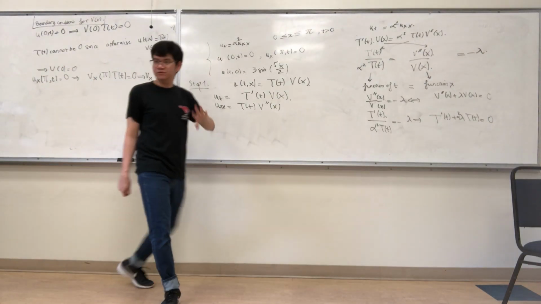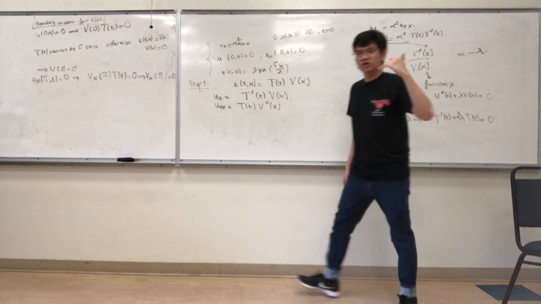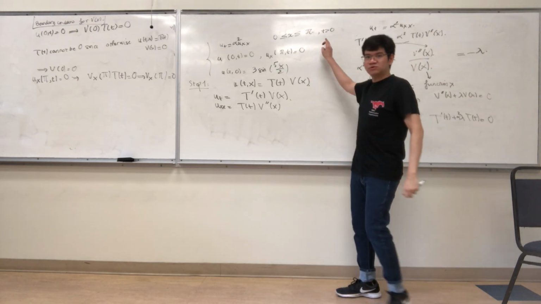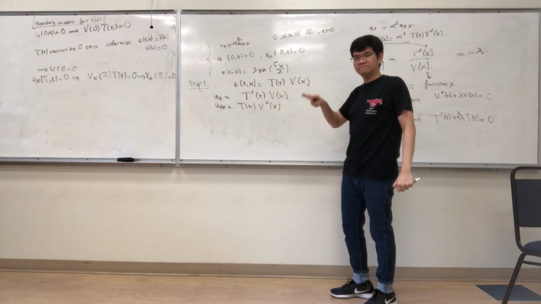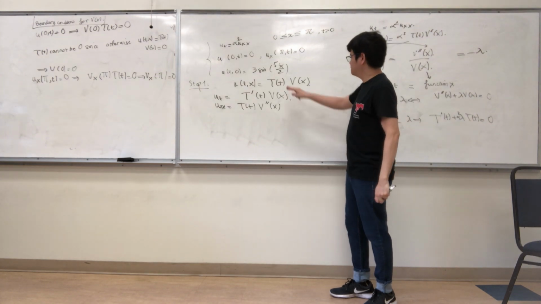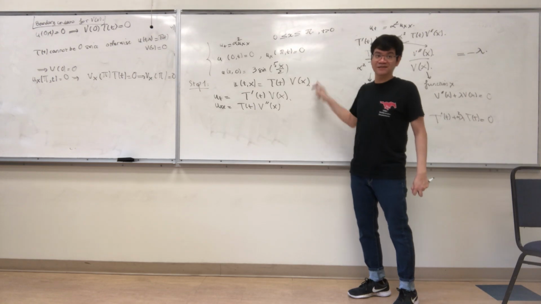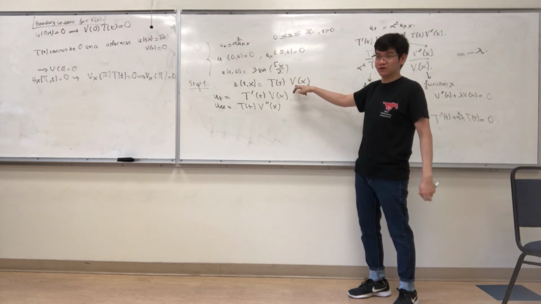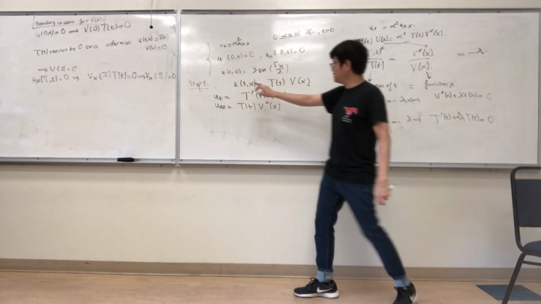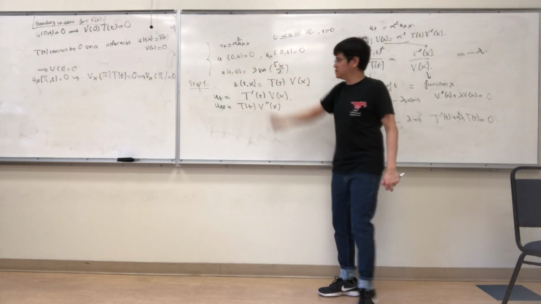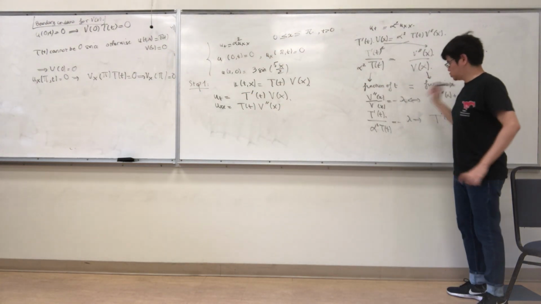Step number 1 is the most important step, in which you try to change the partial differential equation into two differential equations by supposing that u is the product of a function of t only and a function of x only. Now if you plug this into the equation, you're going to find two equations.